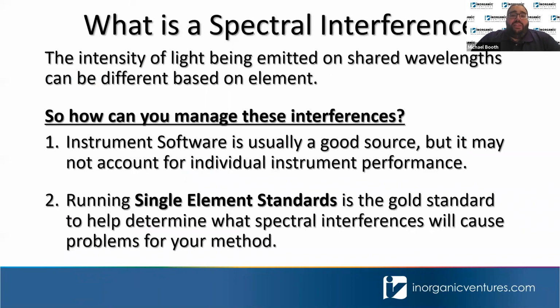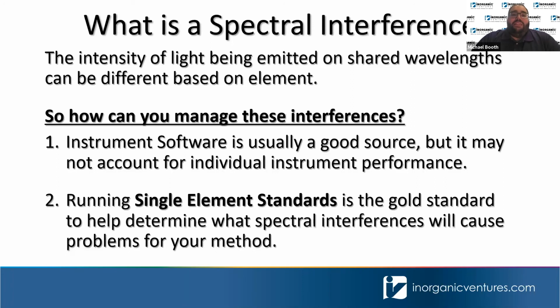So how can you manage these interferences? The first step is your instrument software should have a good library of relative interferences. What you should be able to do is look in your ICP-OES software. There should be a way that you can pull up, hey, what are the possible interferences when I'm looking at this line? And some of them will even tell you the relative intensity.